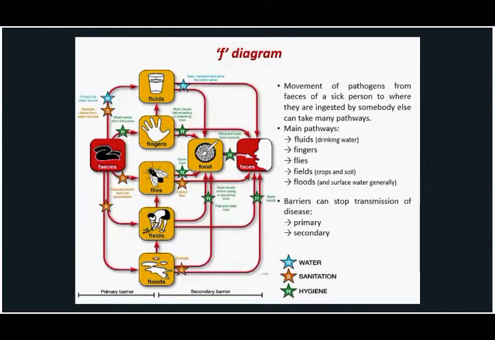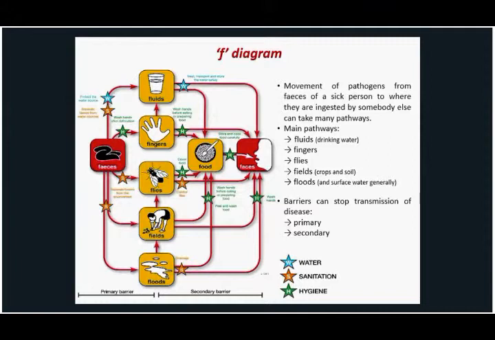And this is why all the WASH components are really important. You can also see that water supply, sanitation, and hygiene promotion can stop the transmission of diarrheal disease.